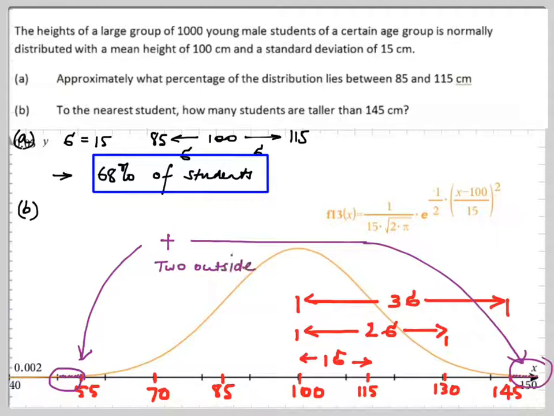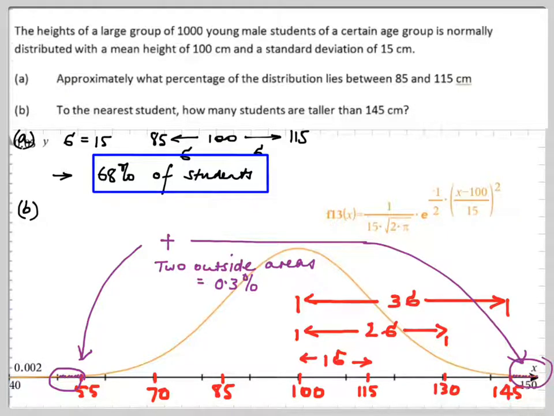Come on, we'll work it out. That one plus that one, the two outside areas or tails, they must come to 0.3%, mustn't they? Because all the rest of it, the vast majority of the area, excluding those two tails, would be 99.7% according to our rule.